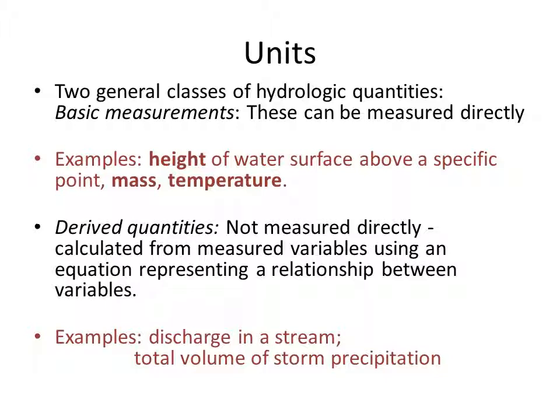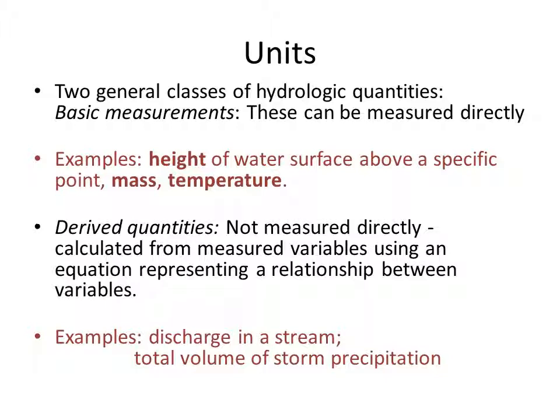They're not measured directly. For example, we can measure a basic quantity like length or height with a ruler. But we can't always measure something like volume, especially the volume of a lake. There we have to use measured variables to do calculations that give us an estimate of some other quantity.